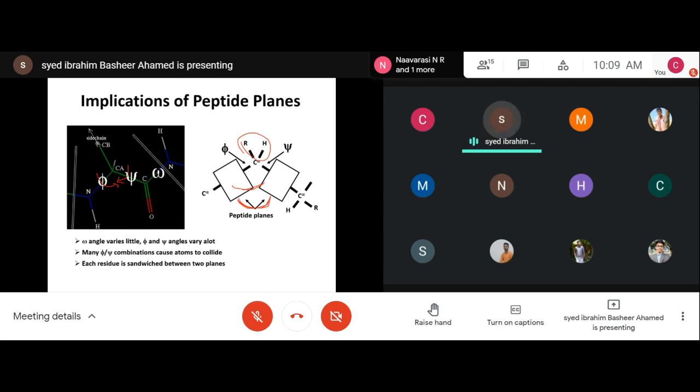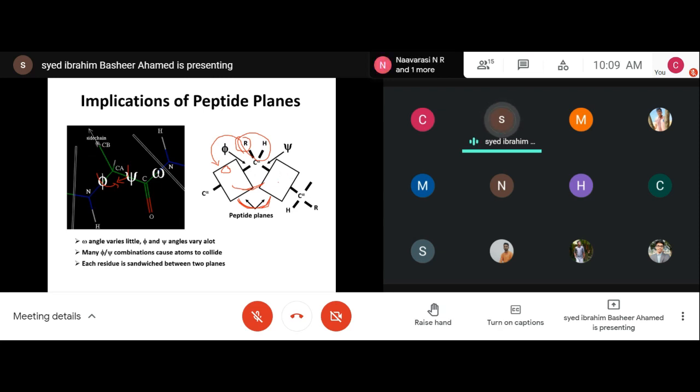If you keep on rotating, what will happen? This R is a bulkier group, and you will have a carboxyl group over here or somewhere here. There will be steric interaction between this R and the oxygen.